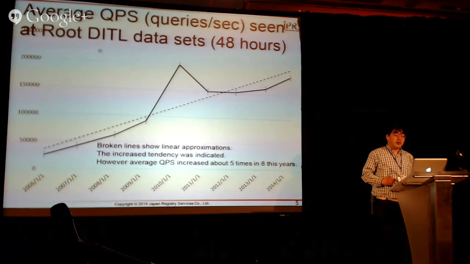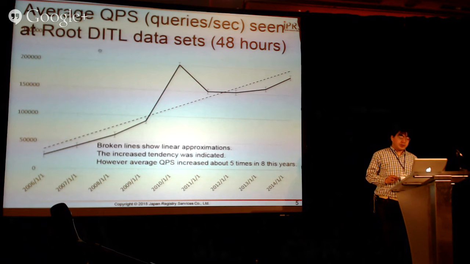Then I counted the number of queries and the average queries per second. This graph shows average queries per second seen in the root DITL datasets, and the broken line shows linear approximations. An increasing tendency was indicated.